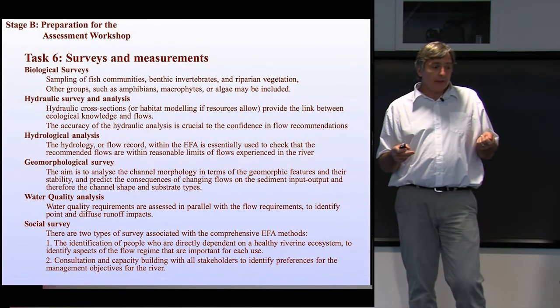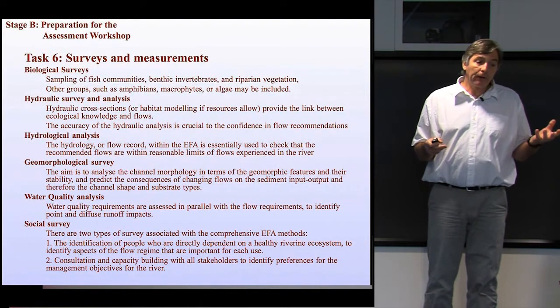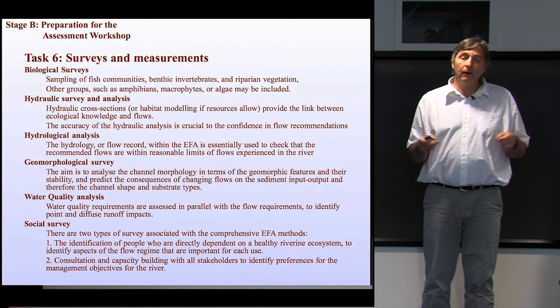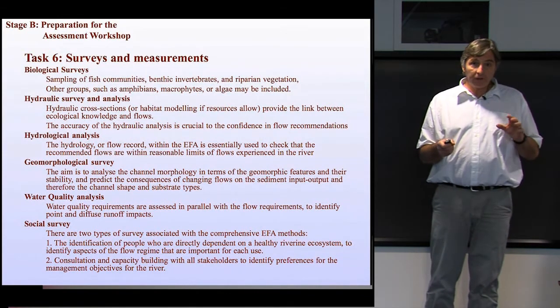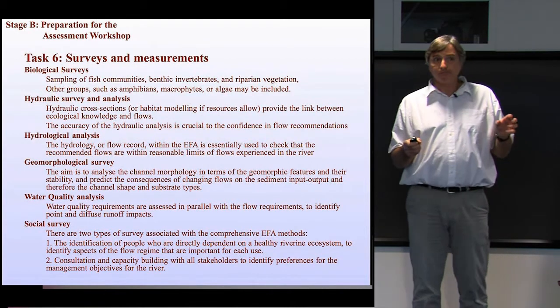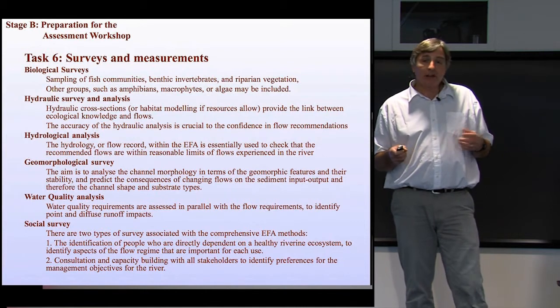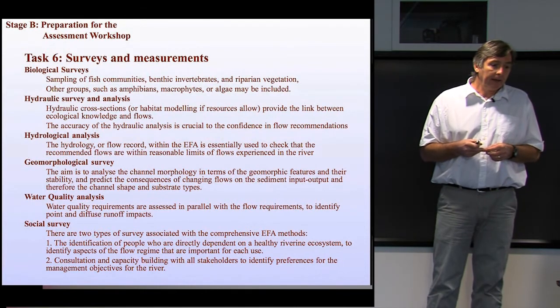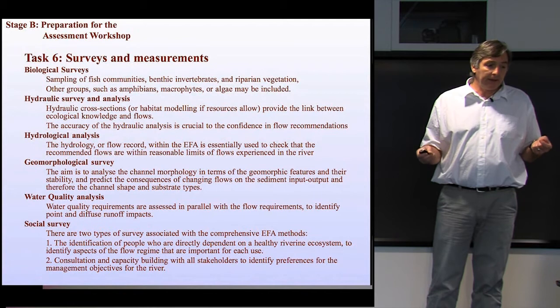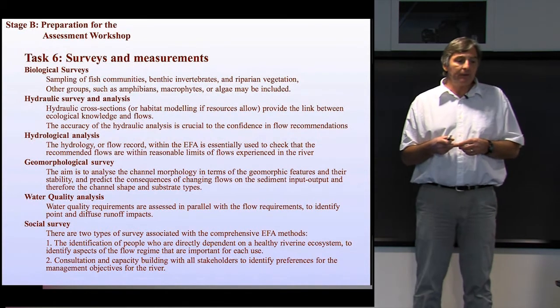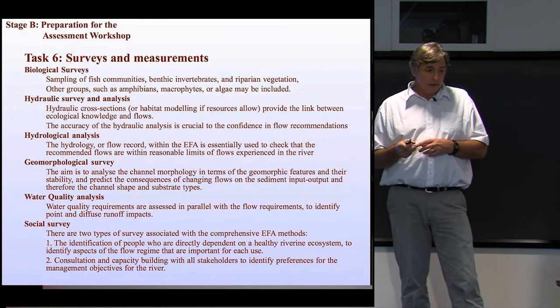The hydrological analysis, similarly, the flow record, hopefully a long historical flow record so that we know the different flows that are happening in the river channel and the floodplain, and is used to check the recommended ecological flows, that they're within reasonable limits of the flows expected in the river.